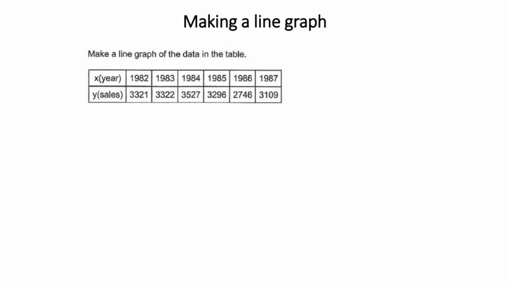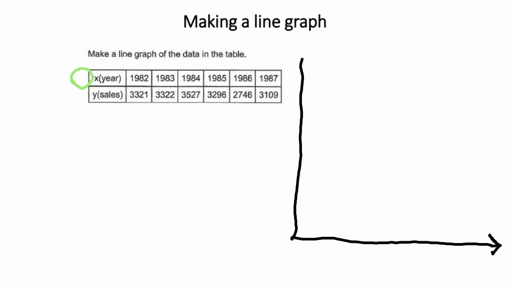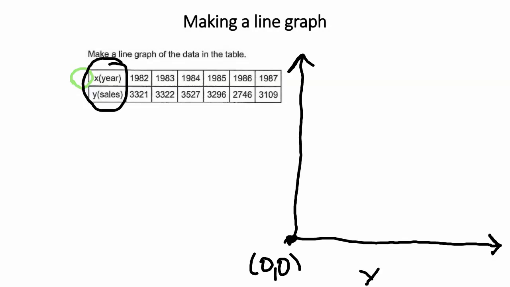The first row, notice, is X. So that means when I graph this, it is going to be what we call a quadrant 1 graph. This point, remember, is 0, 0. Now, notice what's in this column. This is known as the year.